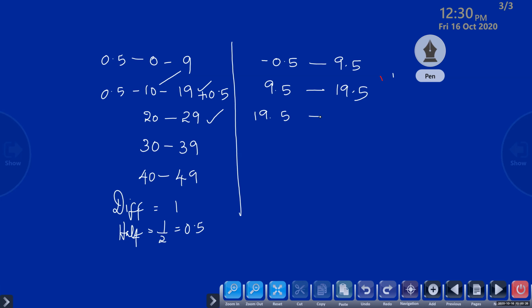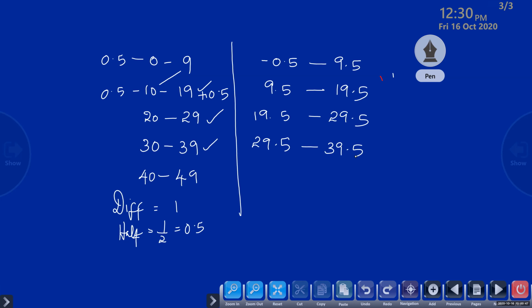Upper limit add, lower limit subtract. 29.5. And what is the next one? 29.5 to upper limit, 39.5. This 0.5 you have to subtract and add like this.